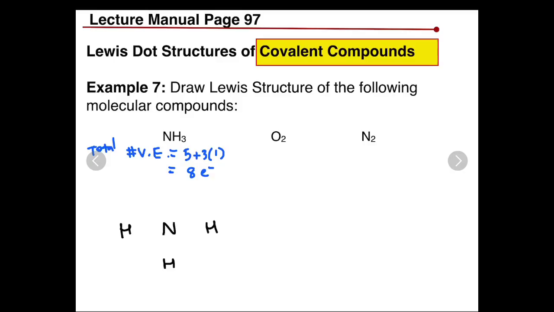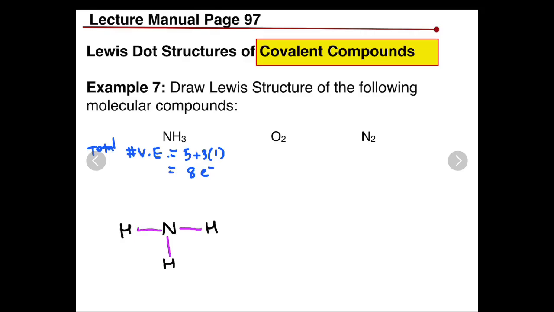So you already have the skeleton by putting nitrogen in the middle and having hydrogen surround that nitrogen. What you are going to do next is connect each of these by a bond. This is called a single bond.